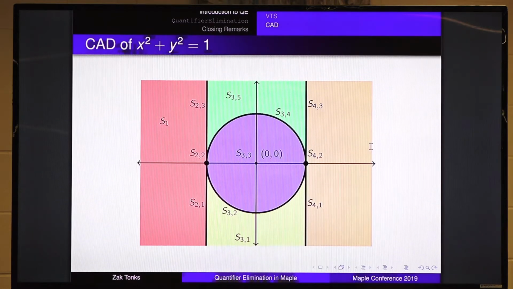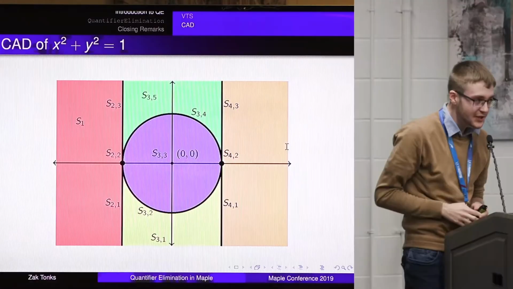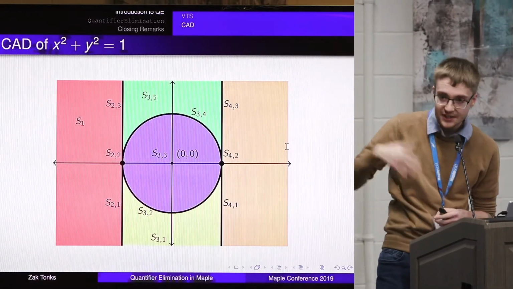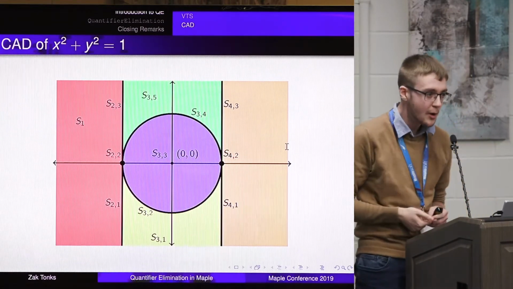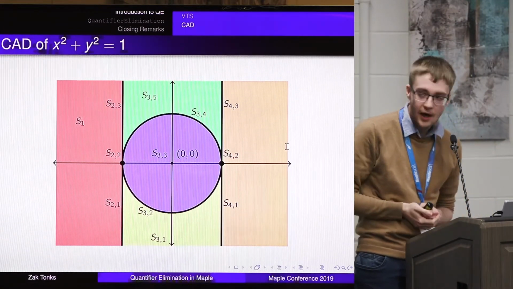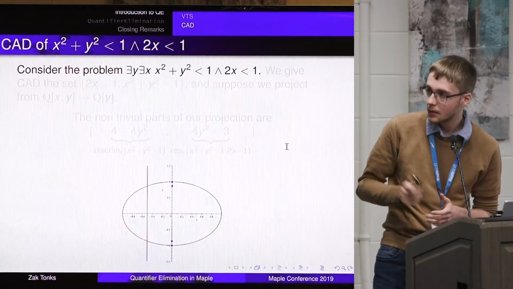But if I take, say, S35 and S33, and project down onto the x-axis, I get exactly the same thing in terms of that subset of the x-axis. That's called cylindricity. These cells are cylindrically arranged, and that's actually how you process alternating quantifiers, really.